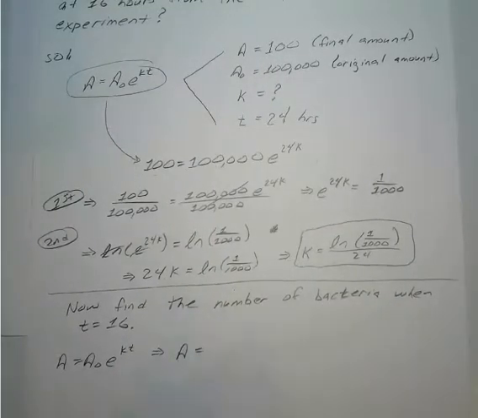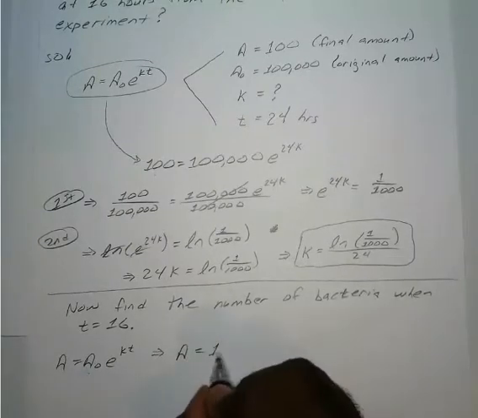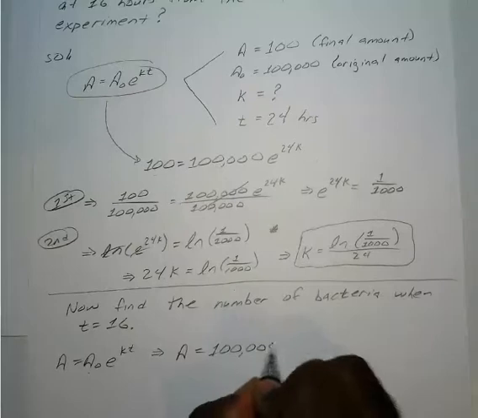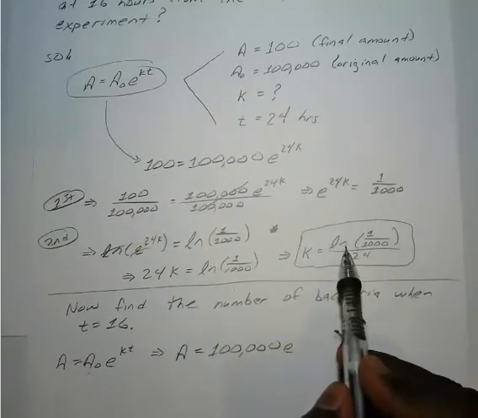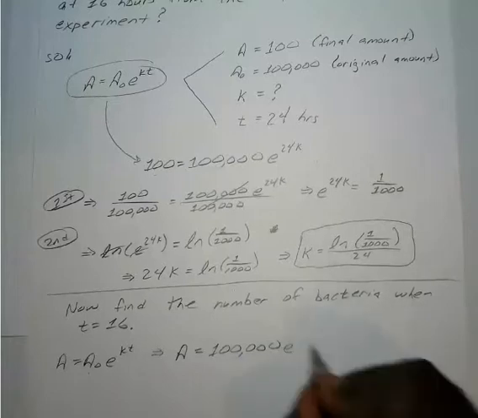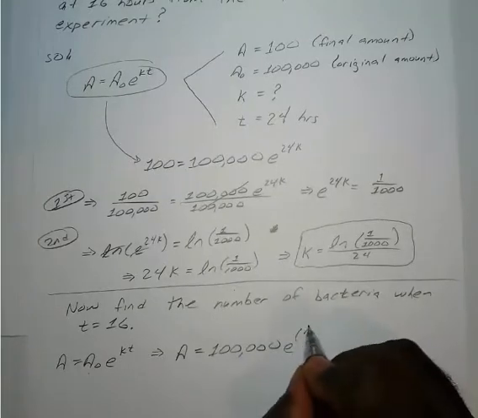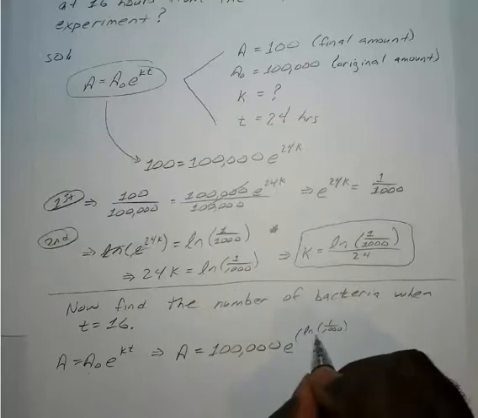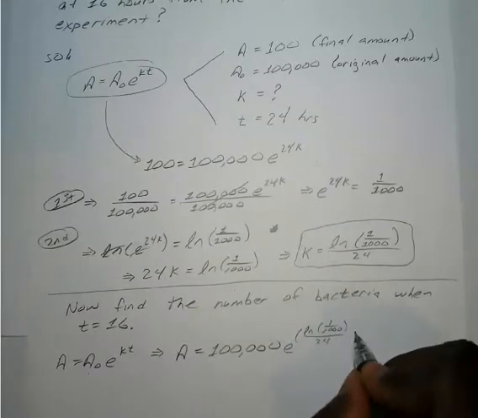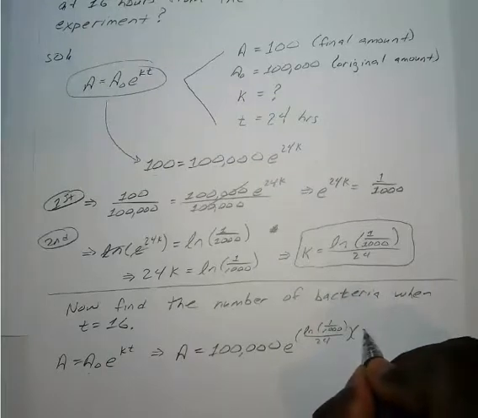So A is going to equal A sub 0, so you start off with 100,000 times e to the k times t. So that's going to be the natural log of 1 over 1,000 divided by 24 times t, which is 16.